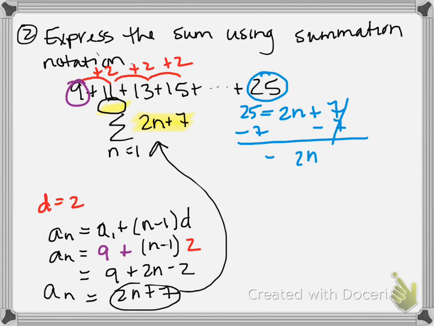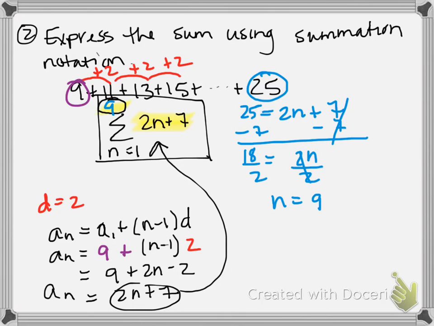I get 2n equals 18. So n is 9. So what I have is, when I write this series in summation notation, I get the sum of 2n plus 7 from n equals 1 to 9.